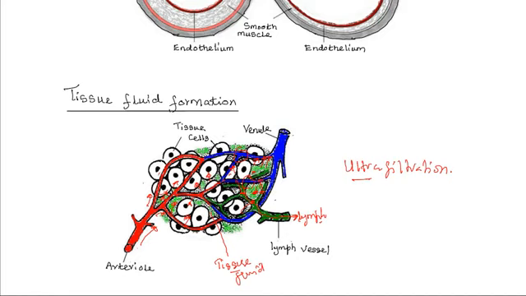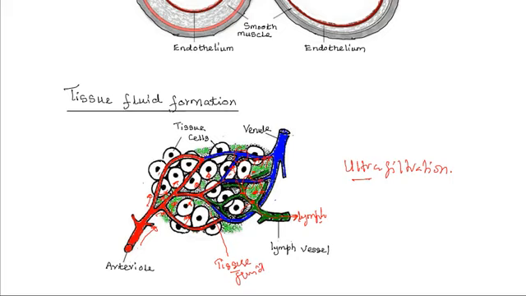Then the heart pumps the blood again out through the arteries. Arteries divide into arterioles, and then at the capillary bed there is ultrafiltration. With ultrafiltration, nutrients filter out, they are taken up by the cells. The cells release waste products into the tissue fluid.